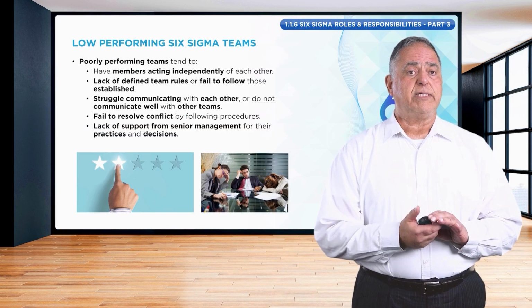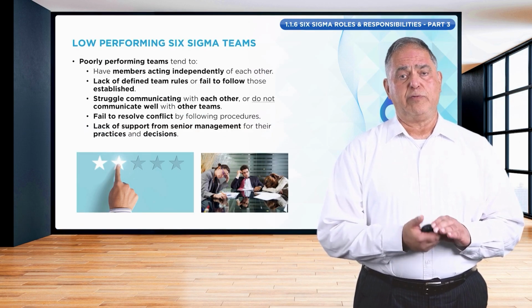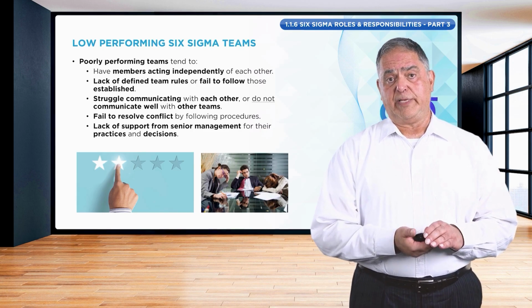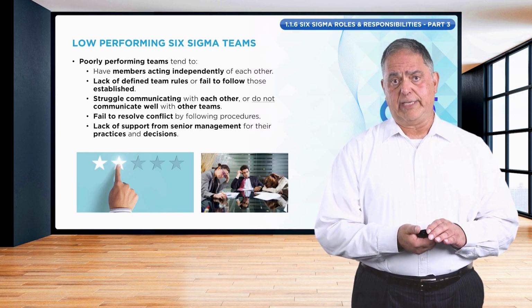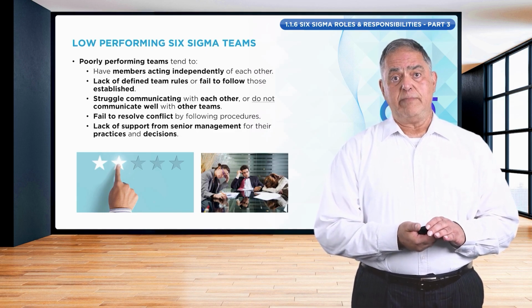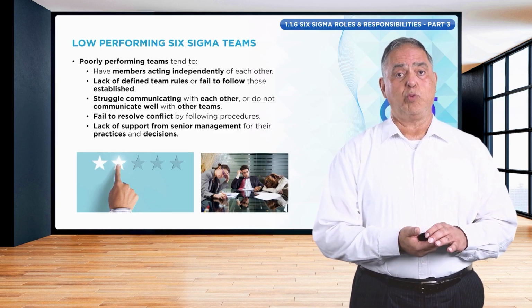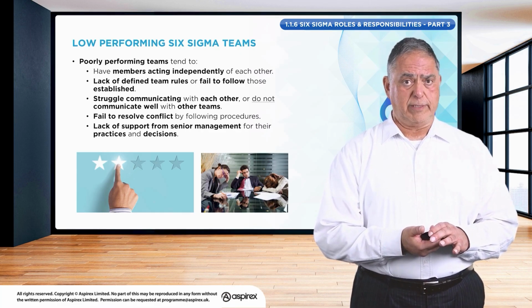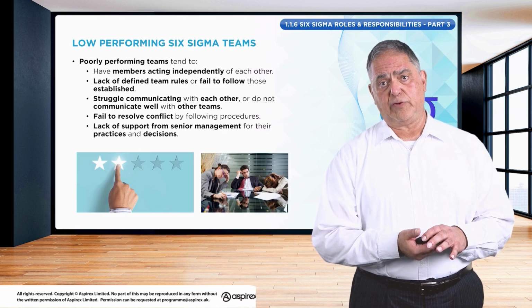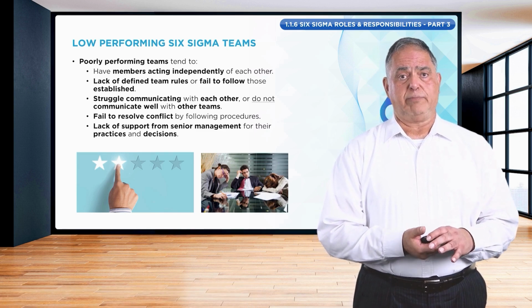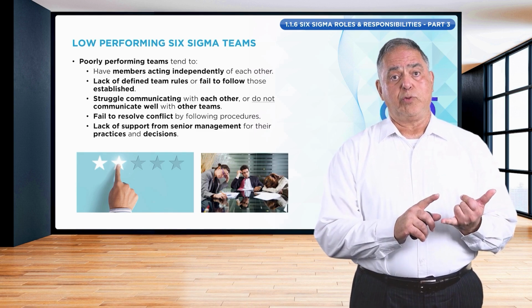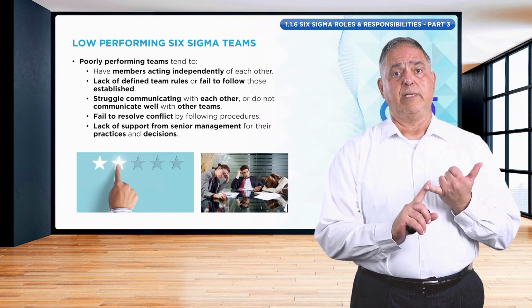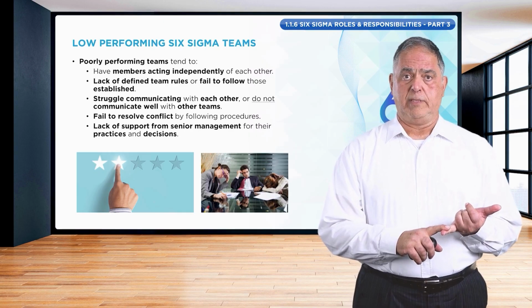Lack of defined rules. So in each project, it is very typical that at the very beginning, the team establishes some rules, and these rules should be followed consistently throughout the duration of the project. For example, we should all participate in the daily stand-ups.